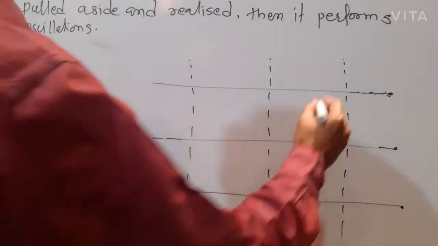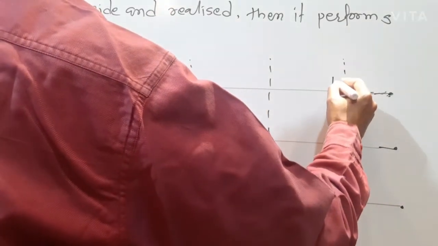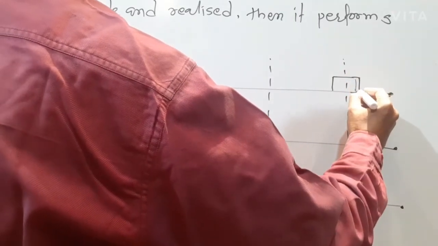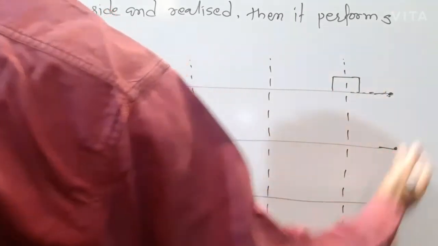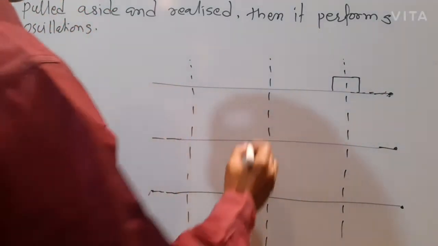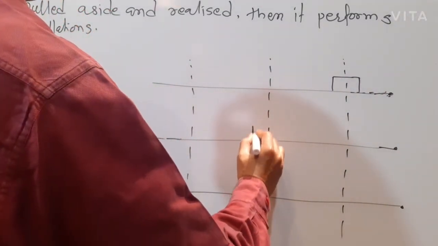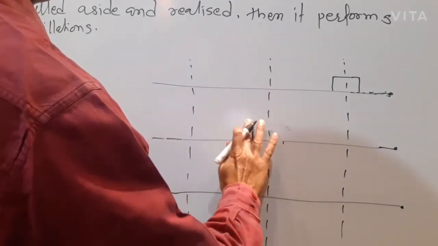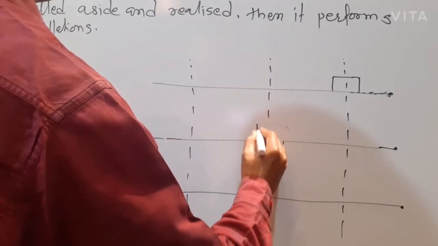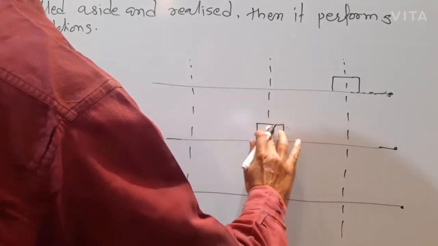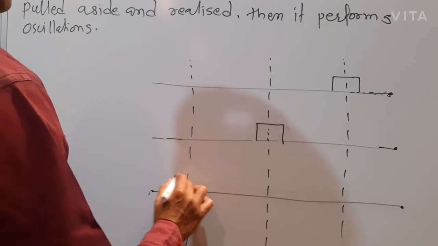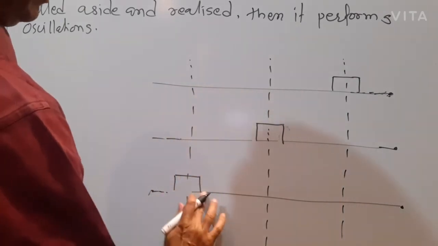Now here draw the block at the right extreme point, then at the mean point. The same block is at the left extremity.